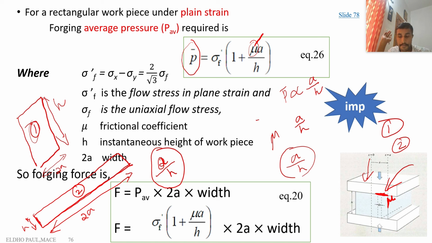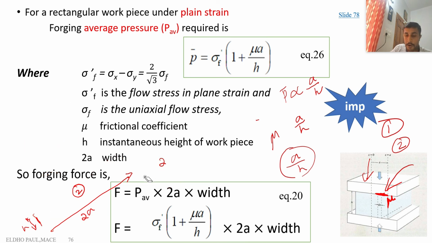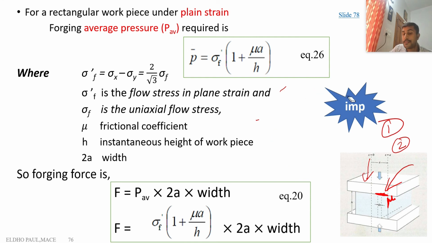So these are the important aspects from this formula. A by H ratio and pressure are proportional, and the mu value is also proportional. One more term is sigma dash F, that is also proportional to P.